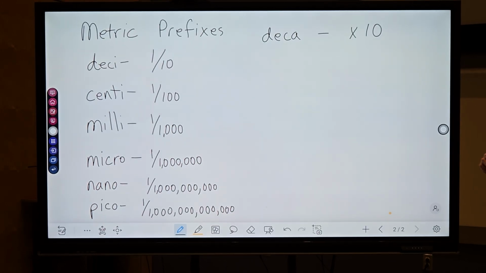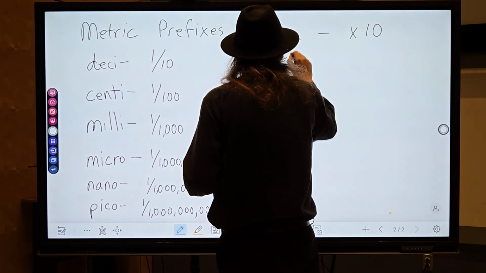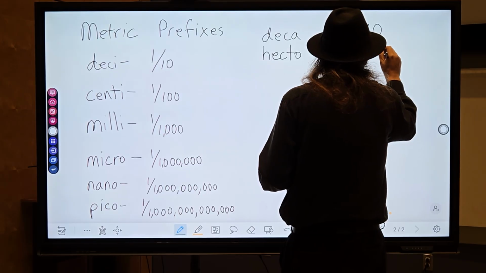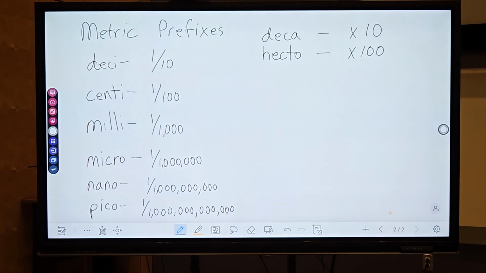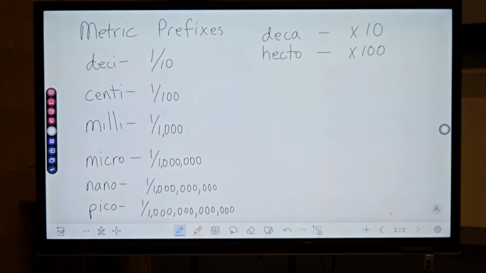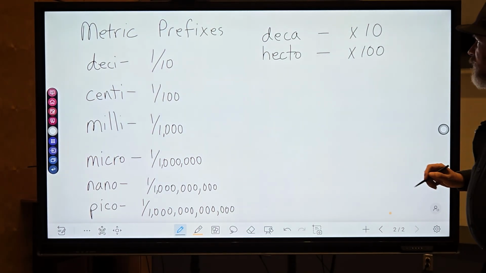And likewise, the hecto is times 100. Again, very rarely used. Couldn't find a reasonable example of its use. So there you go. It's not very commonly used.